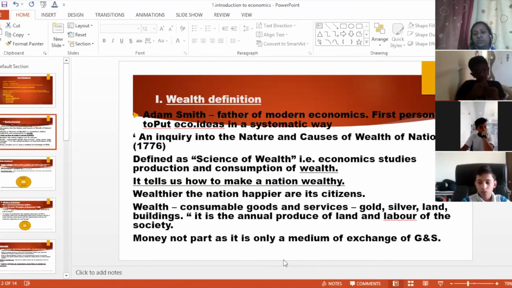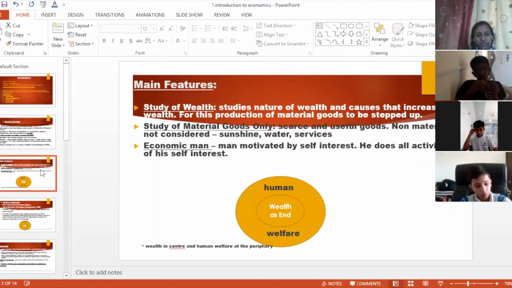It should always be calculated in terms of money. So money was not a part of Adam Smith's definition. He considered money only as a medium of exchange for goods and services and not a part of his wealth definition. So what are the main features that we got out of this definition?